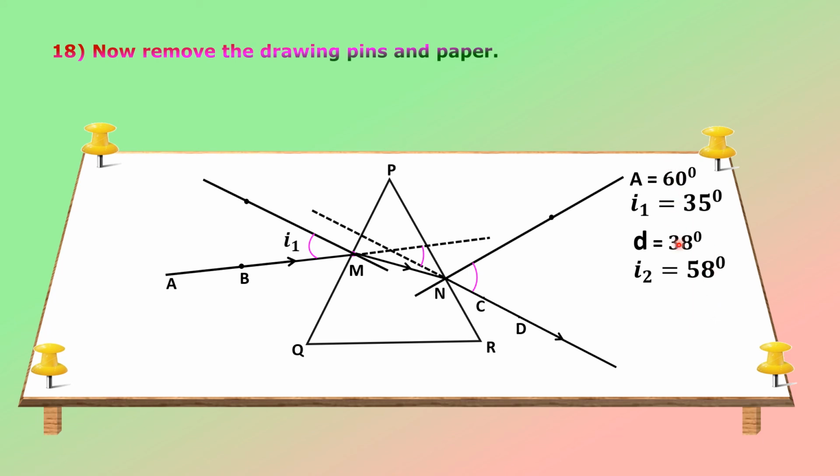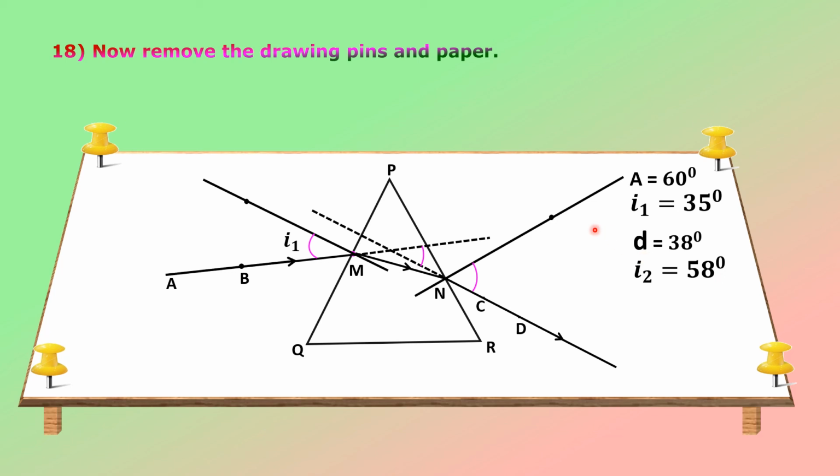So you check here, what is the sum of A plus D? 60 plus 38, that is 98, and I1 plus I2, 35 plus 58 is 93.